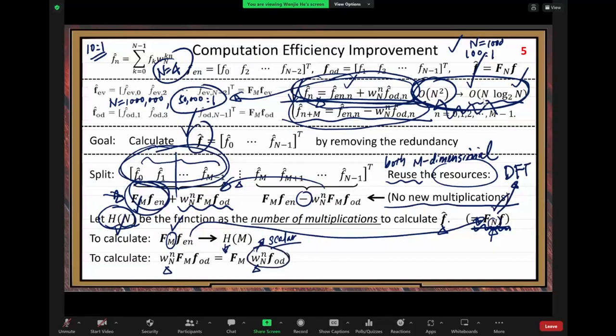Then we use this matrix to multiply that whole vector. In this way, we can save a lot of computation.